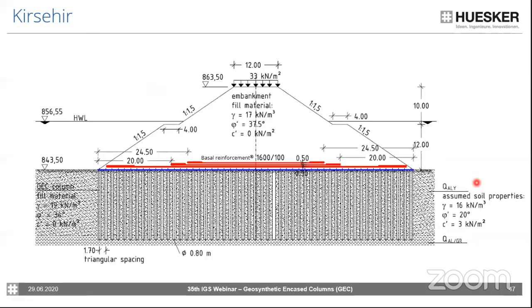You can see up to 40 meters, up to 22 meters high, 12-meter water depth in this case, and the basal reinforcement with 3 layers, and the GEC columns arranged in the triangular pattern with a spacing of 1.7 meters.